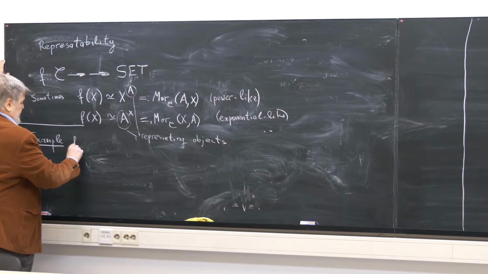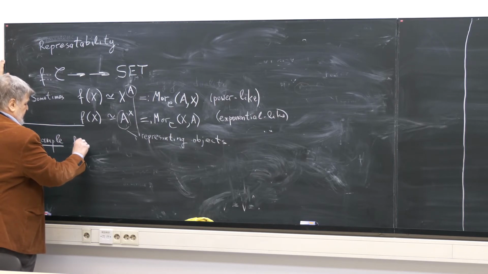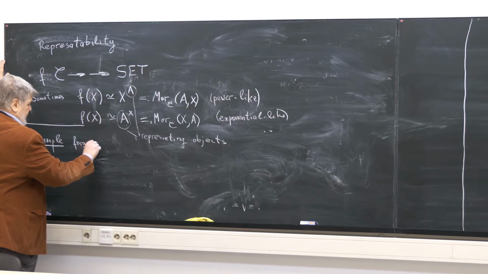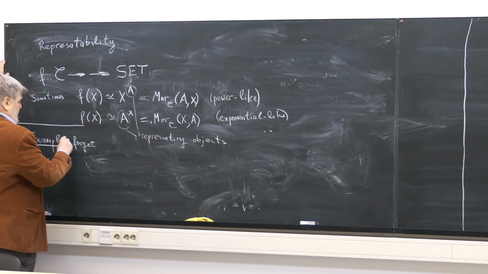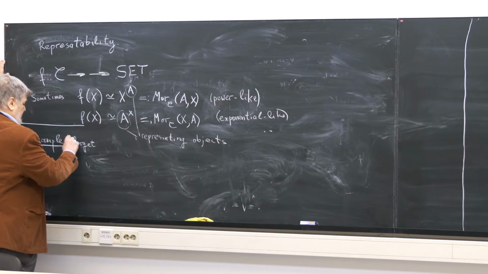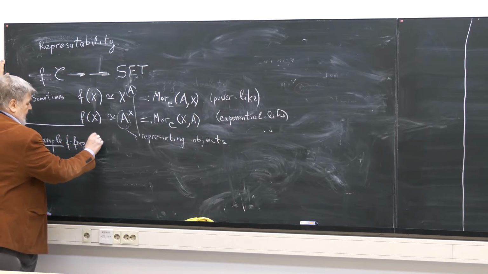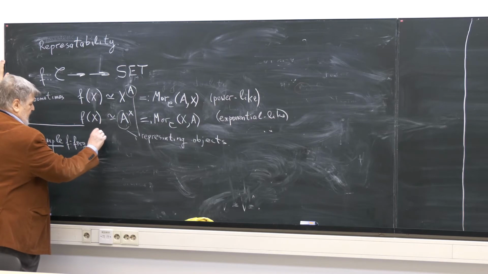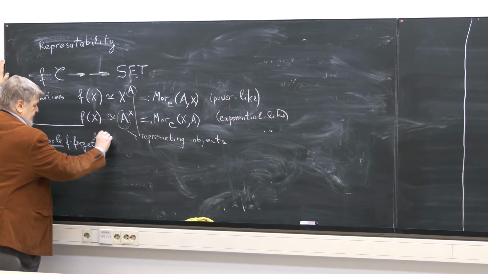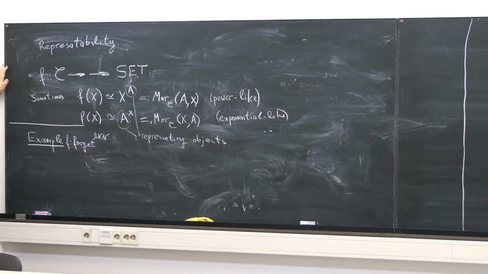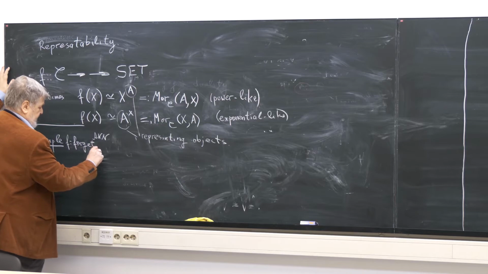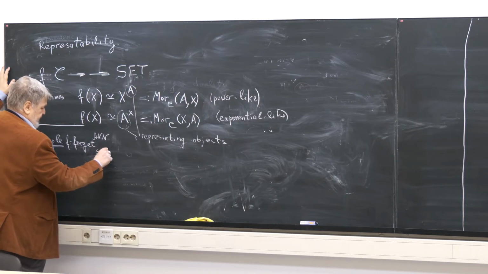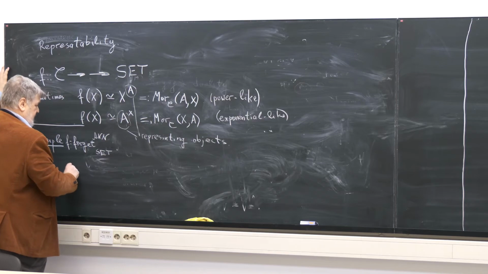So consider the forgetful functor. We have that F be a forgetful functor from the category of commutative rings. There are several functors, to abelian groups, to the multiplicative monoids, maybe some others, but we consider the strongest. Just forget everything to the set.